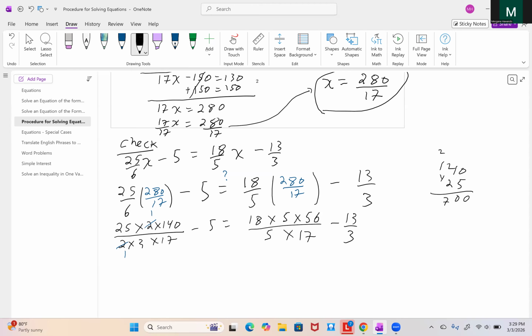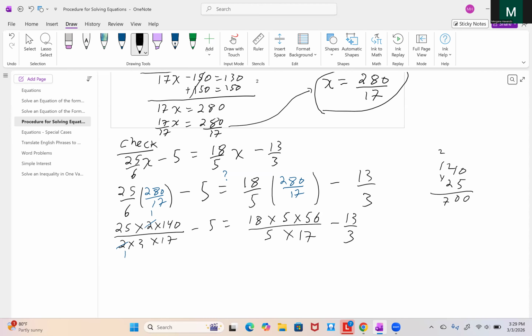So this is 25 times 140, 3,500 over 3 times 17, 51, minus 5. So we want to multiply this by 51 over 51, so they have the same denominator here. We'll come back to this on the next step.